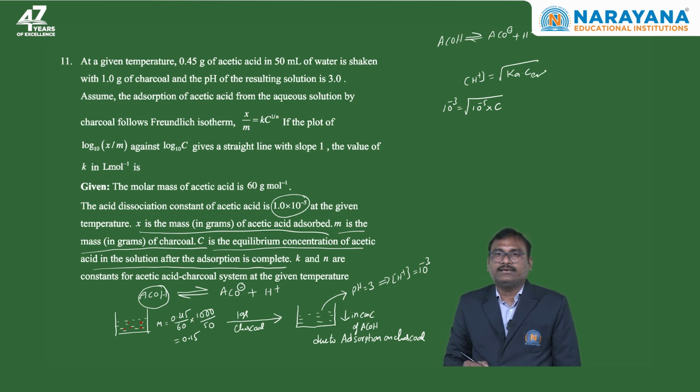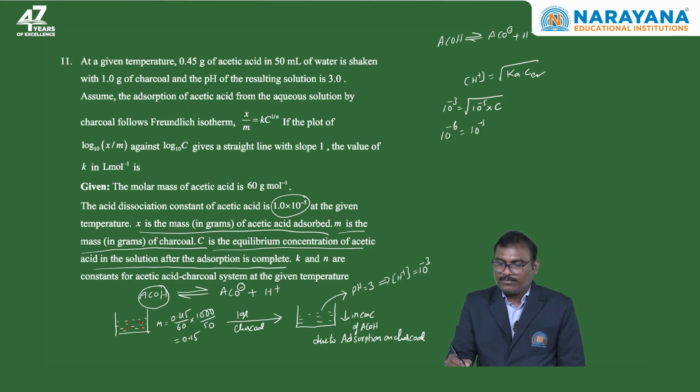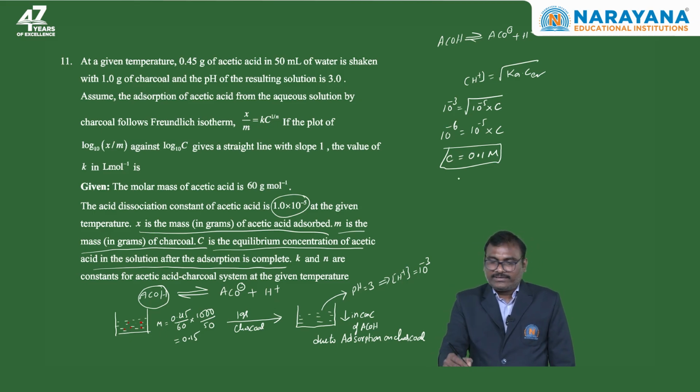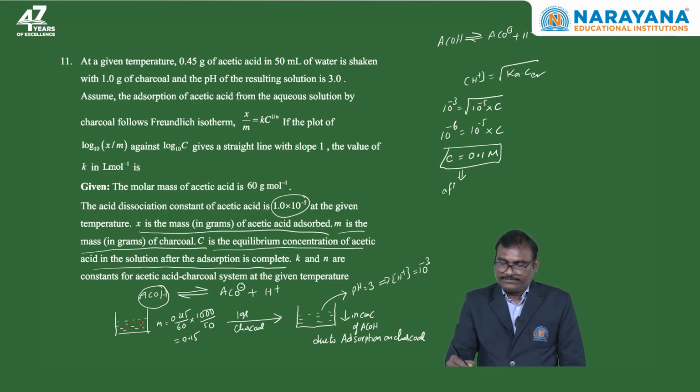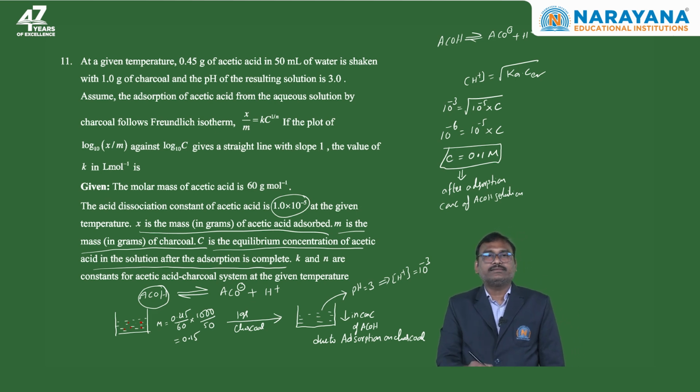I want this concentration C: 10 power minus 6 is equal to 10 power minus 5 into C. Then the concentration is equal to 0.1 M for the acetic acid solution after adsorption. Say yes or no, everybody.